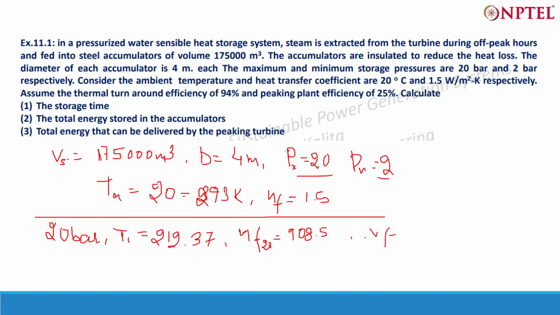So I'm not writing the units. Please assume the standard specific units. Okay. So this is in kilojoule per kg. This is degree Celsius, from the steam table.